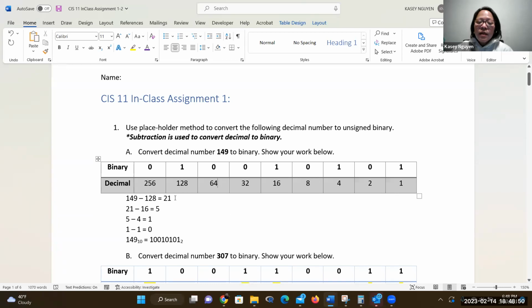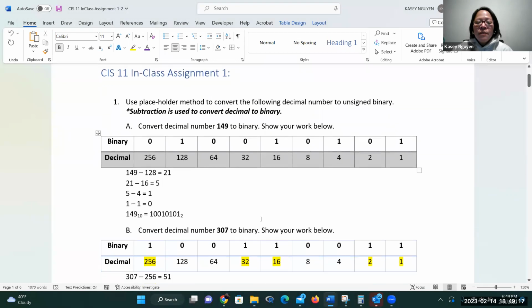Anything that remains, you keep subtracting until nothing is left. As you subtract, for that individual bit, you put a 1 and that bit is turned on. If you cannot subtract, put a 0, and that's how you're able to convert decimal to binary. Any question?